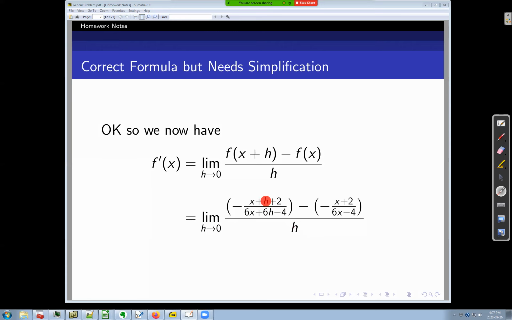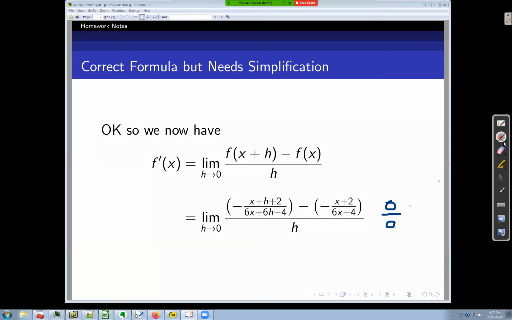Because if you put a 0 there for h, and a 0 there for h, then when you simplify this, you will end up with 0 divided by 0. And 0 divided by 0 is never an answer.